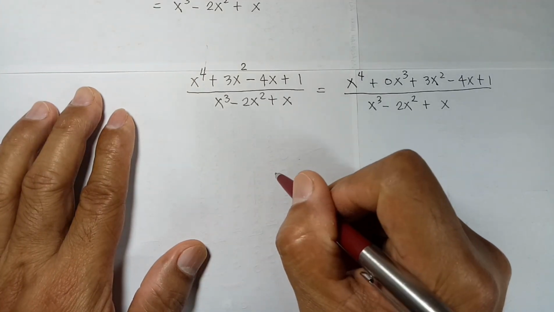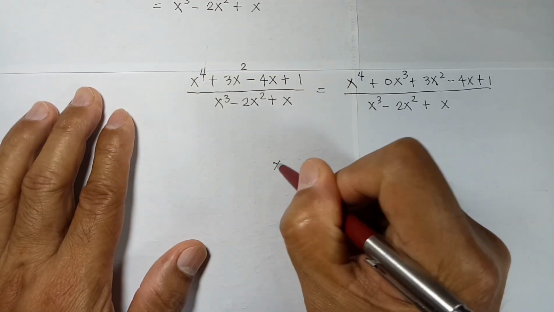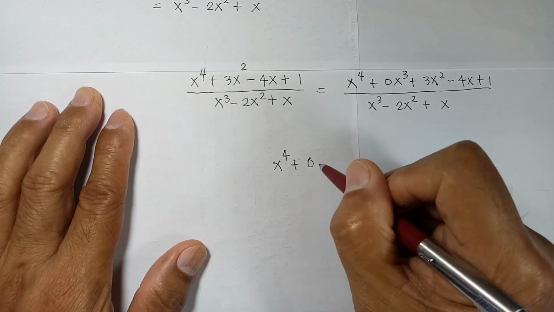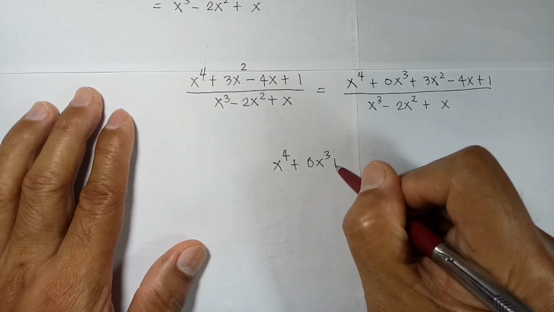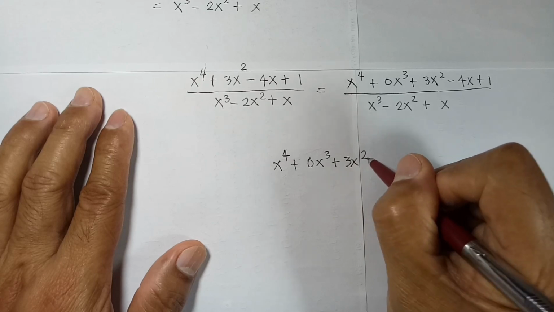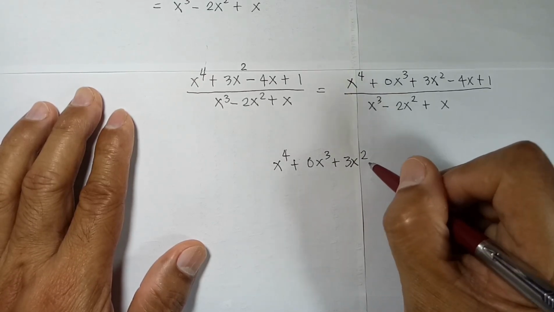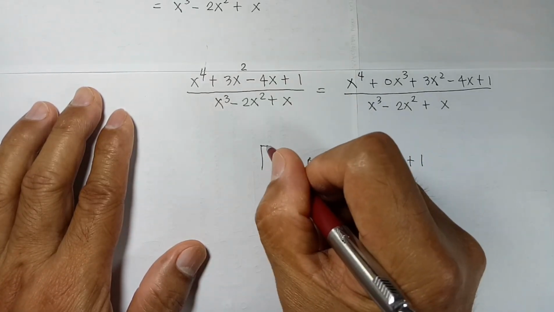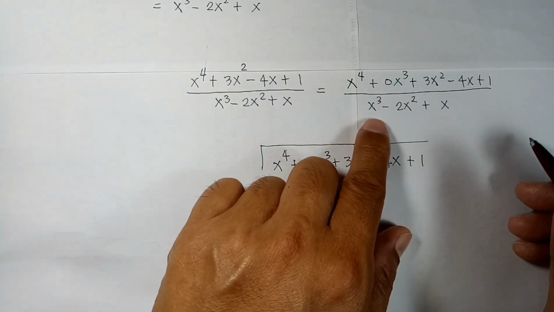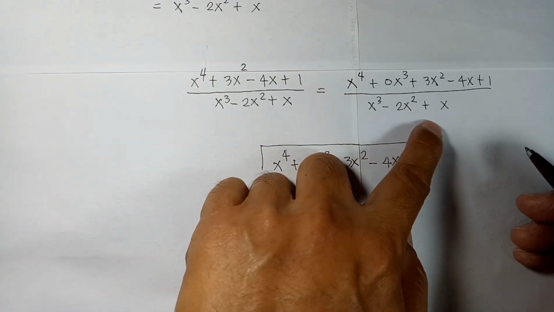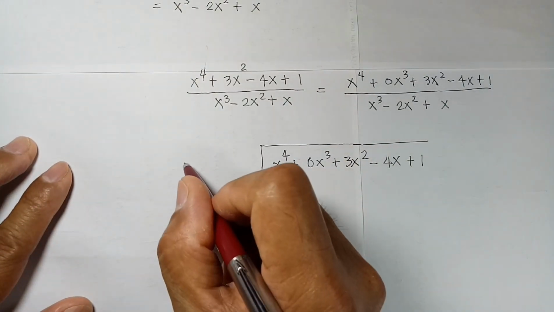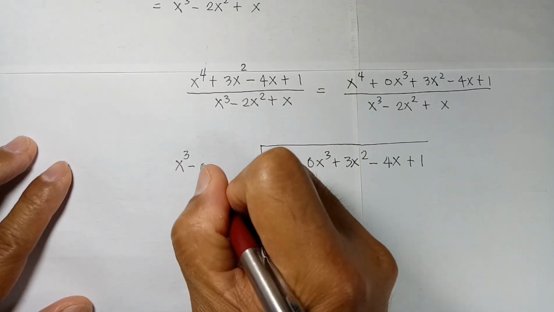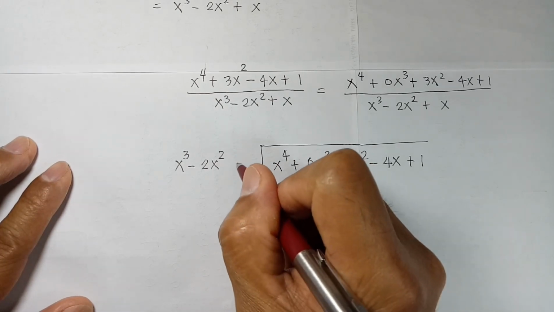So we have our dividend x to the fourth plus 0x cubed plus 3x squared minus 4x plus 1, divided by our denominator x cubed minus 2x squared plus x.